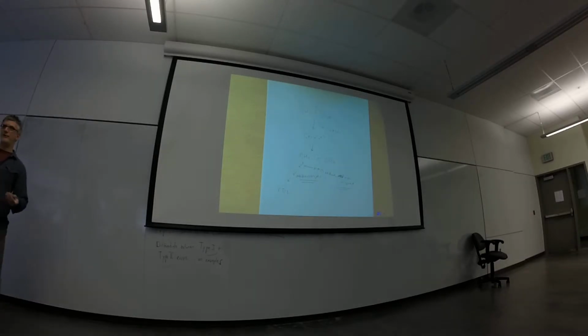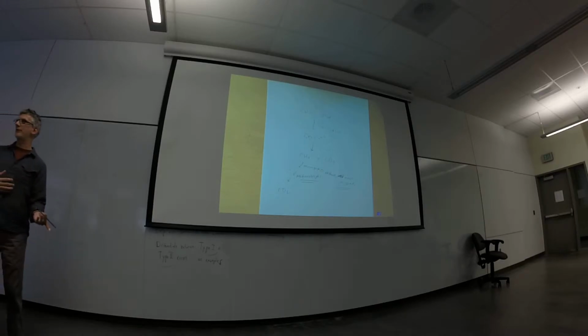For example, this enzyme here is called methane monooxygenase, MMO. Quite an important industrial enzyme, methane monooxygenase. But this enzyme is restricted in its phylogenetic distribution to methanotrophs.